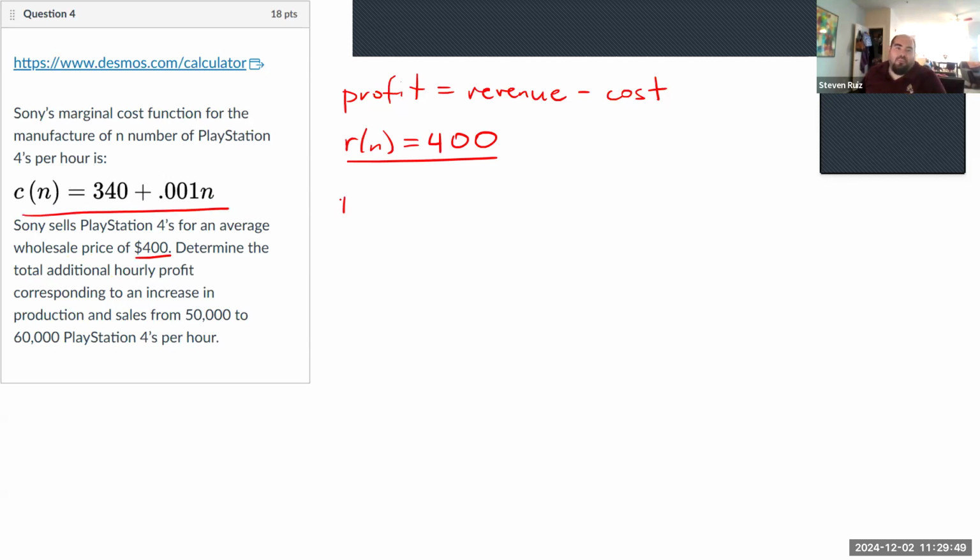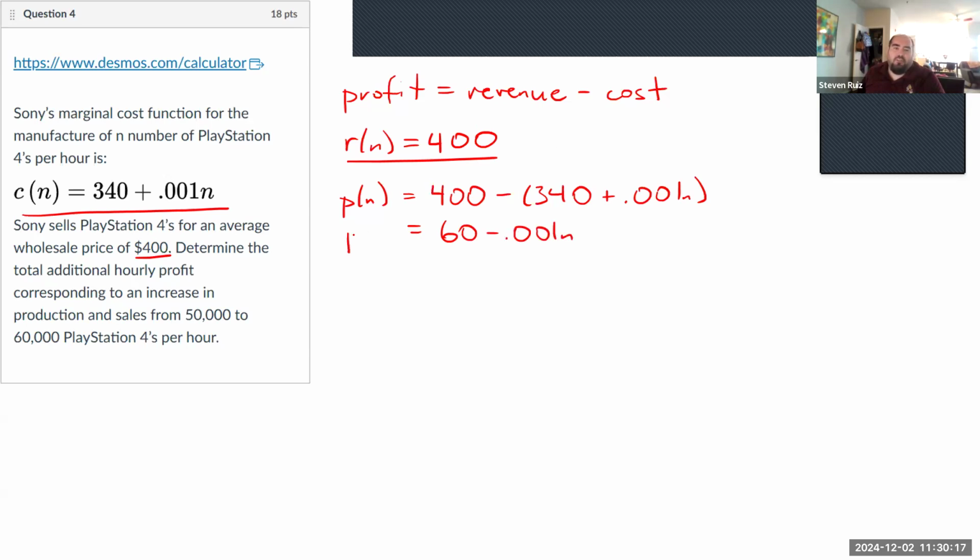So that means my marginal profit function is the difference of those two things. 400 minus, and we have to be careful that we're subtracting the entire cost function. So 340 plus 0.001n, and all simplified, 60 minus 0.001n.